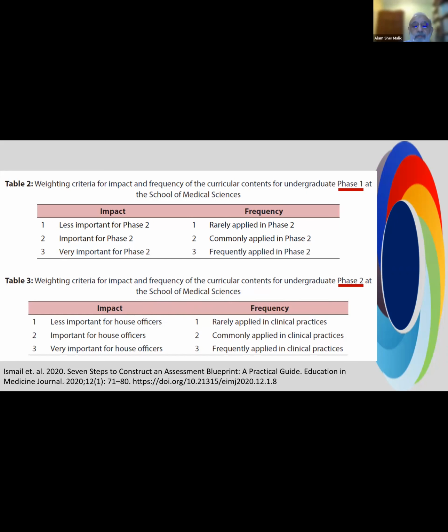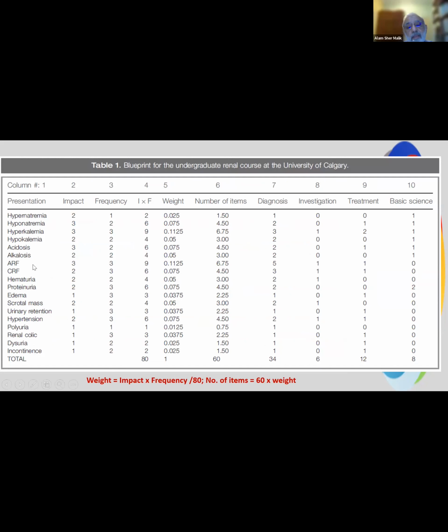Now, we are looking at the same table again. We have the presentations here, and the impact.